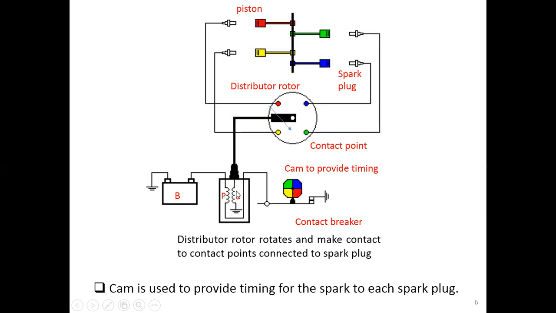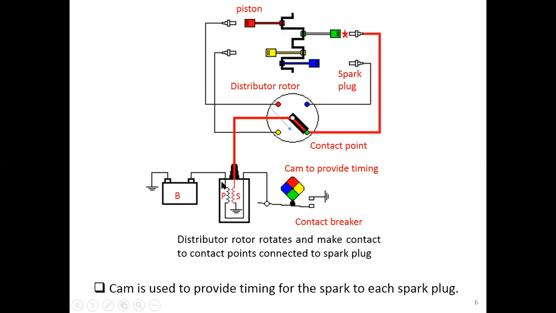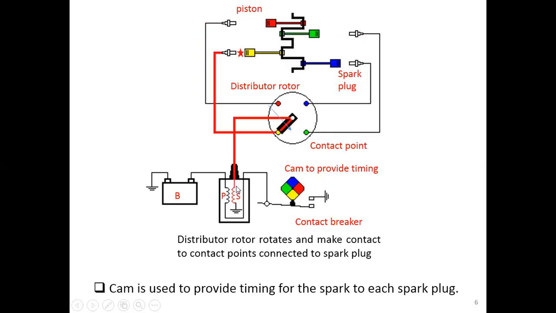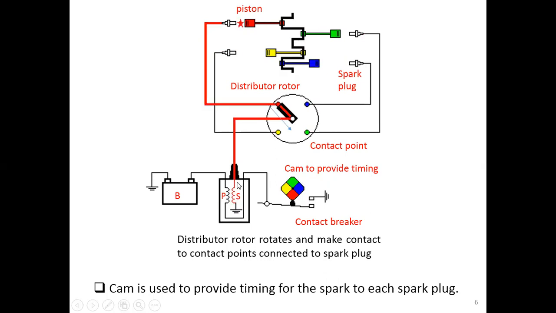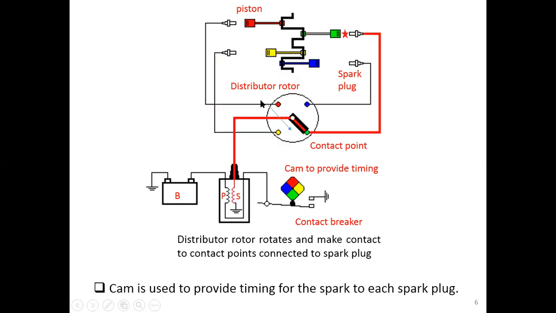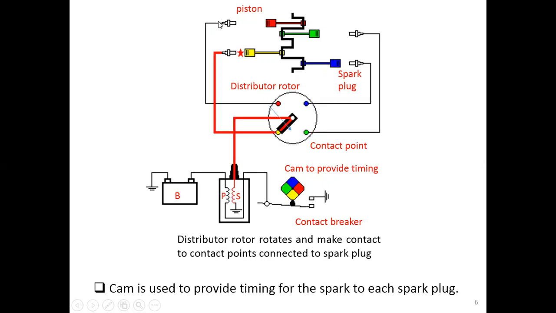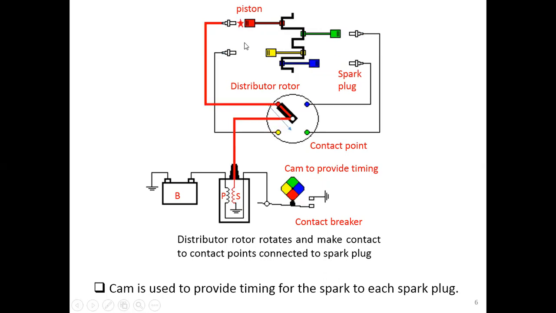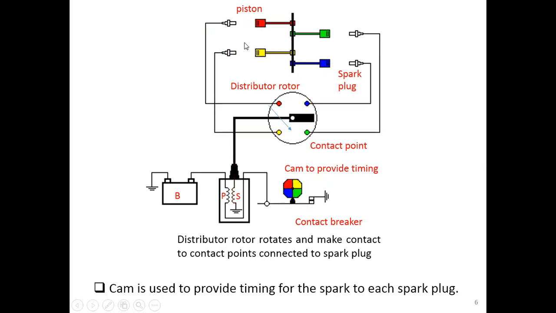When the primary winding has current, it will induce a high voltage in the secondary winding. The secondary winding will have a very high voltage, 21,000 volts, enough to send the electric current to the spark plug and create a spark. The electricity can jump over the gap in the spark plug.